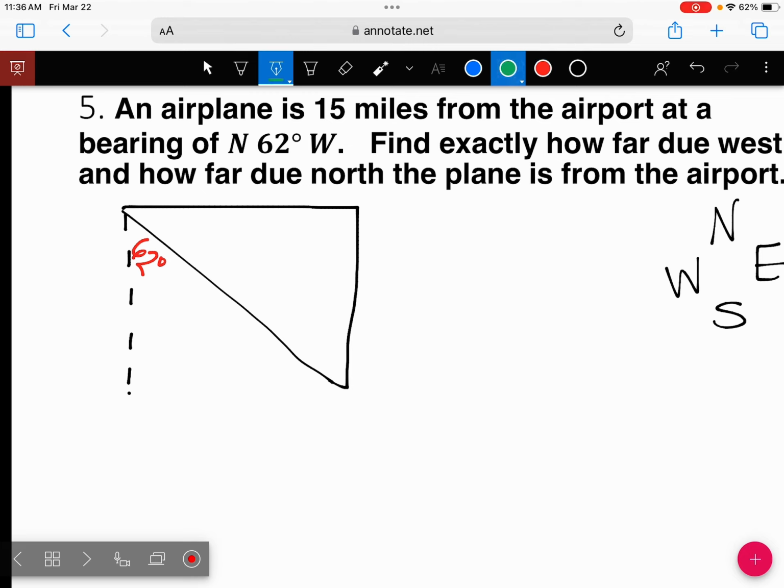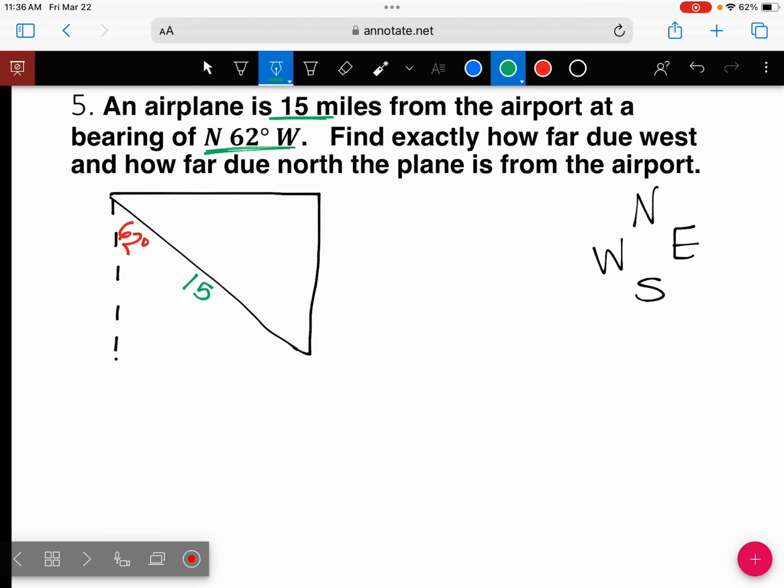So that 15, because it's with our bearing, we know that's our hypotenuse. And what it's asking us to find is two things. It's asking us to figure out how far west and how far north. So this is my triangle.